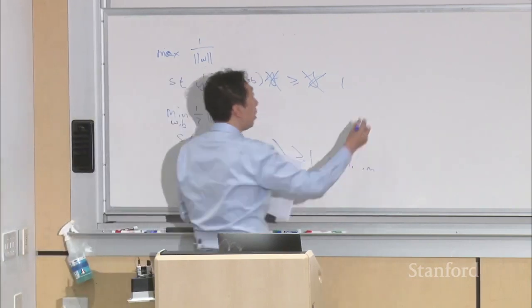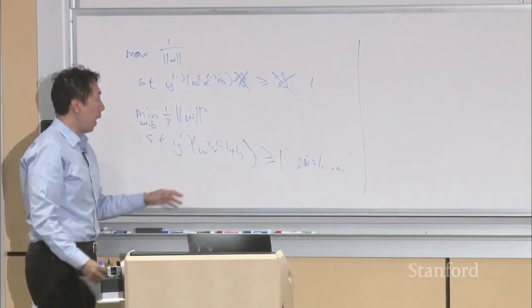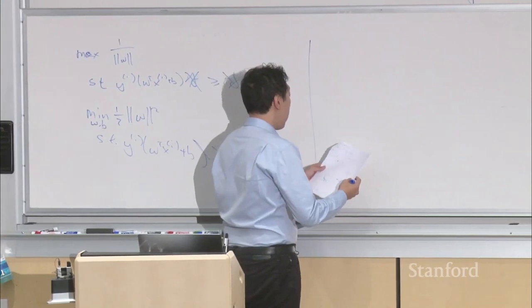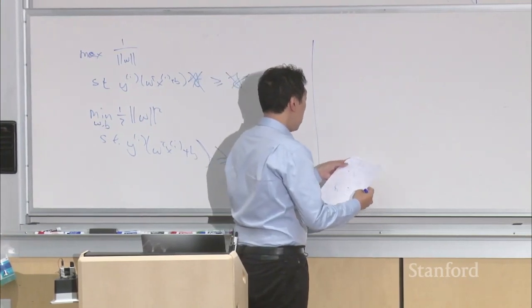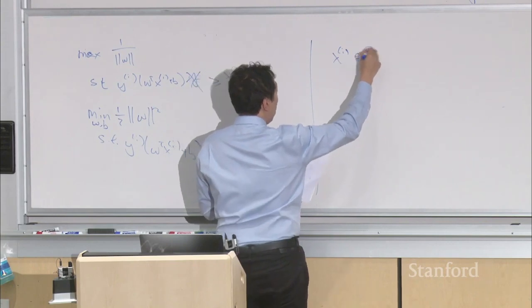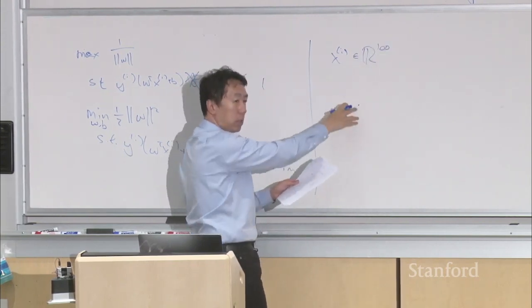Now, the optimal margin classifier, we've been deriving these algorithms as if the features x i are some reasonable dimensional feature, x in R2, x in R100 or something.